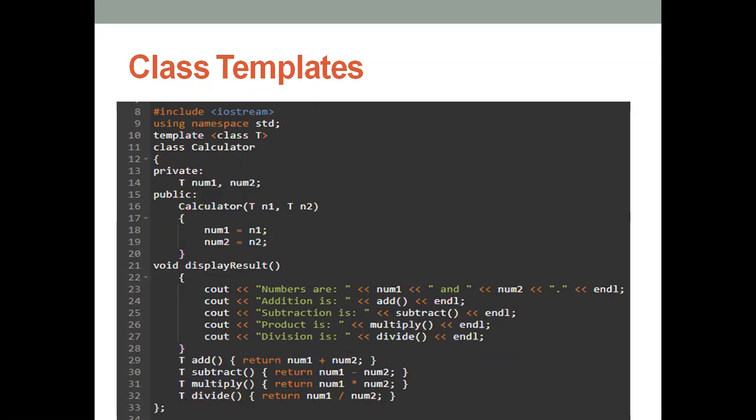So addition, subtraction, multiplication, division can be possible both for float values and integer values. Am I clear? Yes, ma'am. You don't need to write separate addition for integer, and you don't need to write separate addition for float.